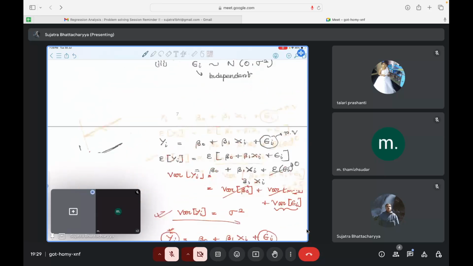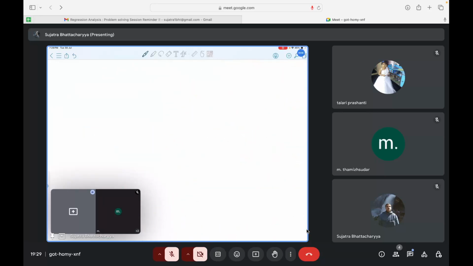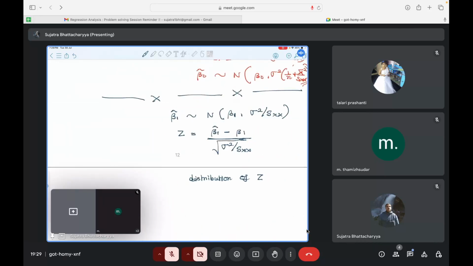Come back here. It's the same distribution. Z is beta 1 cap minus beta 1 over root of sigma square by Sxx, which is the standard deviation. Now, beta 1 cap is a random variable which has a normal distribution. Therefore, z will be normal 0, 1.